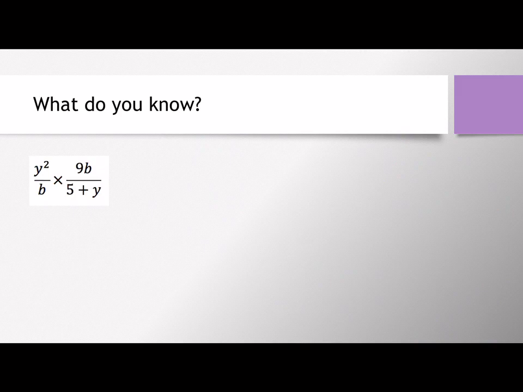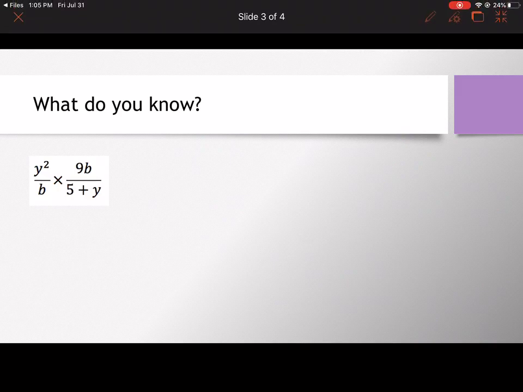Moving on to this next one, we have y squared over b times 9b plus 5 over 5 plus y. When you multiply any fraction, the algorithm says that we are going to multiply the numerators and multiply the denominators, and that's true for this case. So I'm going to go ahead and put equals y squared times 9b plus 5 over b times 5 plus y.